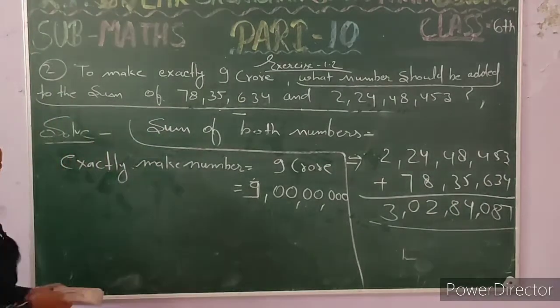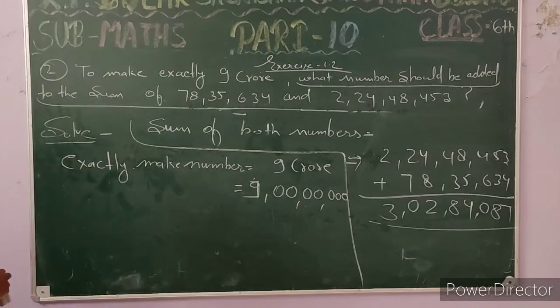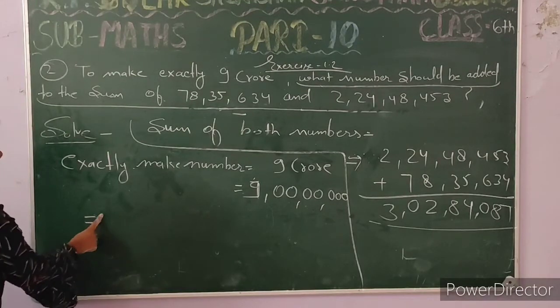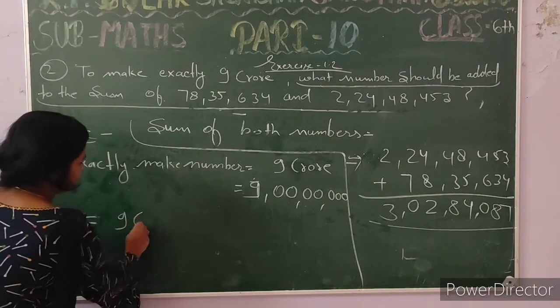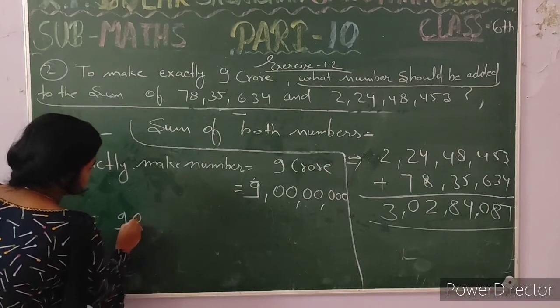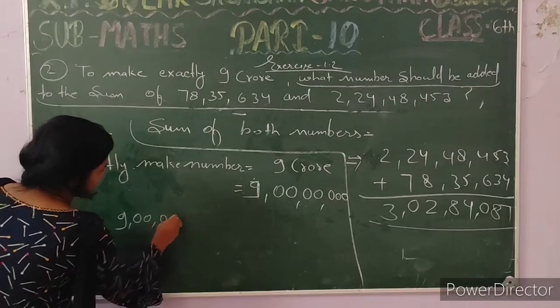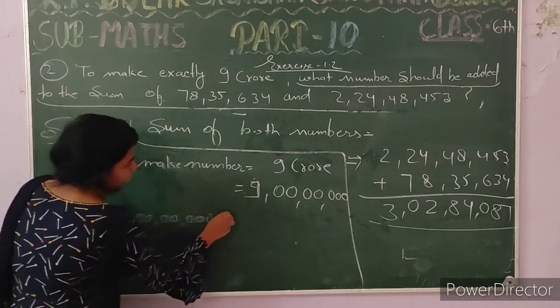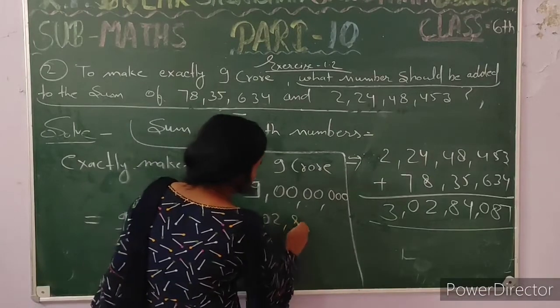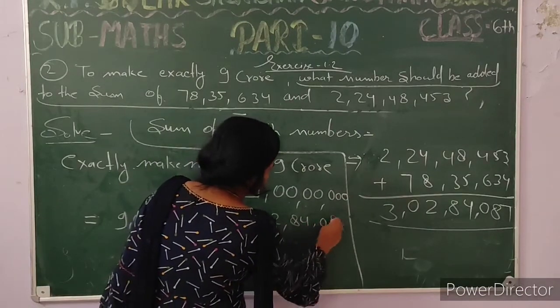So in the next step we do subtraction. Here I write 9 crore minus 3 crore 2 lakh 84,087.